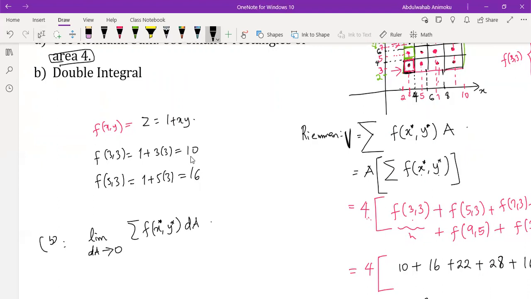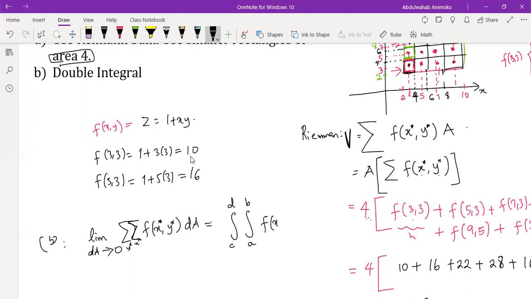Okay, so when the area gets very small, what happens? The approximation gets better, and this turns out to be, I'm using just one sum, but actually it's a double sum over x and y. So this becomes the double integral where x is moving between a and b, and y is moving between c and d of this rectangle, right?